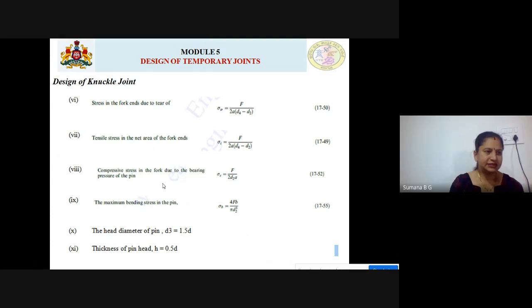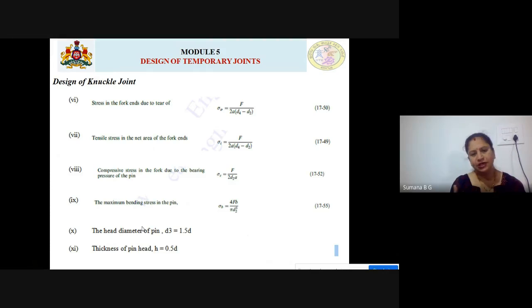Equation 17.52 defines the compressive stress in the fork due to bearing pressure of the pin.